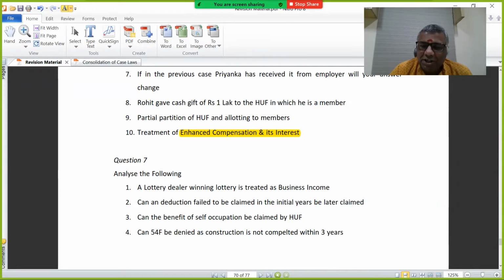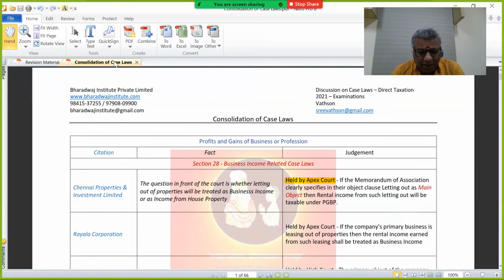For the first 2 years I failed to claim, probably because my auditor did not tell me. Now in the 3rd year I understand that I am eligible for 80IAC. Can I claim? The assessing officer may say that since you have foregone it, it is permanently foregone. No, you can start claiming from the later years also.